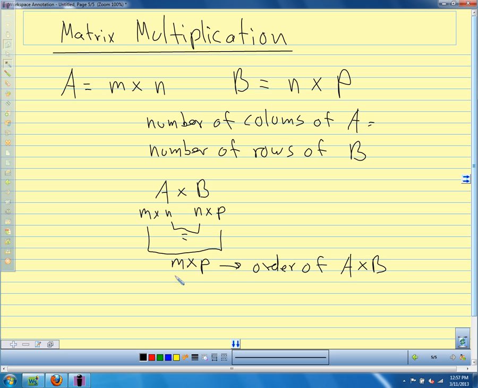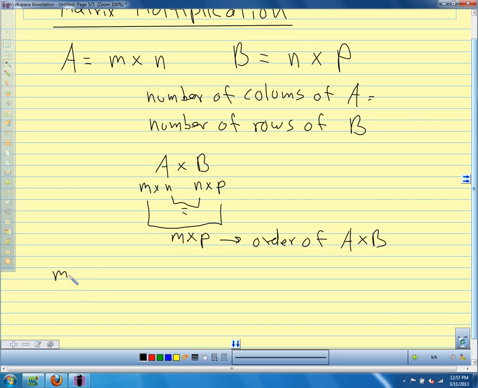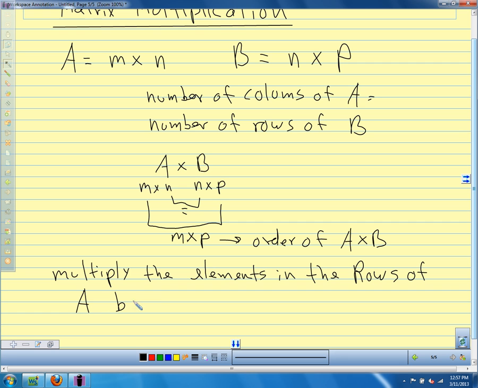And the way we think of multiplication of matrices is we multiply the elements in the rows of A by the elements in the columns of B and add.